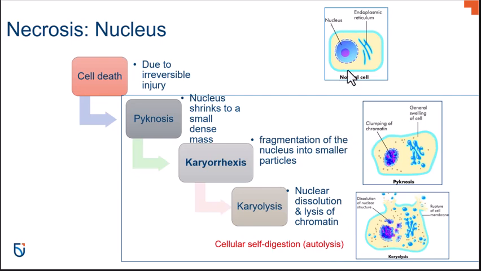And you can see, compared to a normal cell, what's happening here with pyknosis, where you're getting the nucleus shrinking to this small dense mass. You can see some general cell swelling occurring. And then when we look at karyolysis here, you can see you're getting just nuclear dissolution and lysis of the chromatin and rupturing of cell membranes.